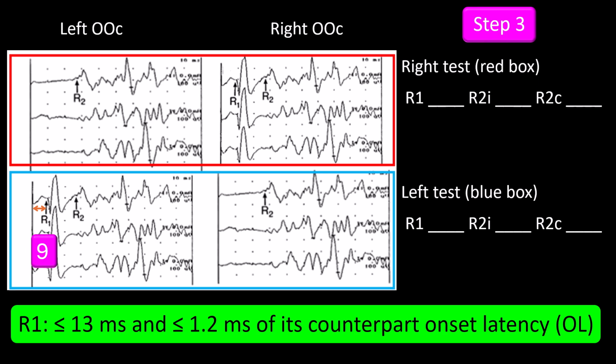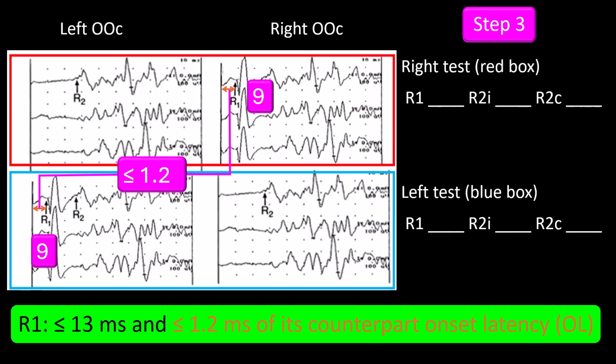The left R1 onset latency in this study is 9 milliseconds, which is normal. Then I look at right R1 onset latency. Right R1 onset latency is also 9 milliseconds, which is normal. Now I compare left and right R1 onset latencies, and as you can see, they are obviously within 1.2 milliseconds of each other since they are both the same, hence normal.